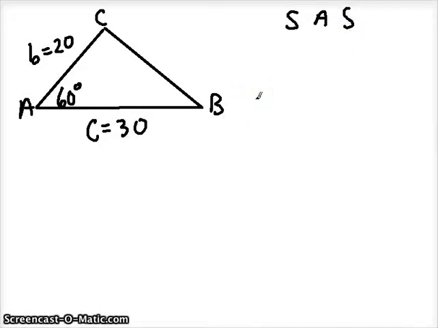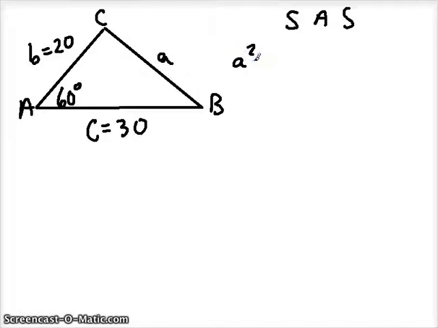If you watched the last video, you know that we do not have a ratio of A or B or C, so that's a good clue that you're probably not going to use law of sines, you're going to use law of cosines. Law of cosines is helpful when you know at least two sides. So we're going to try and solve for the side that we know an angle for. Because we know angle A and we're missing side A over here, we're going to solve for side A, so we're going to use the A equation.